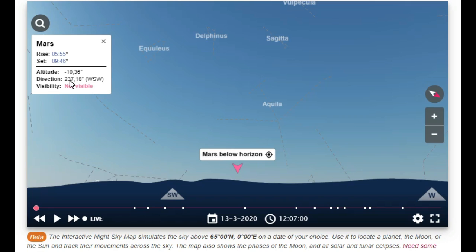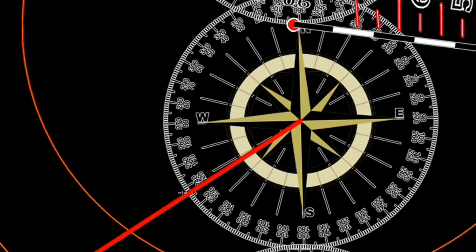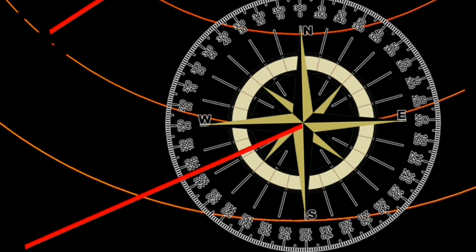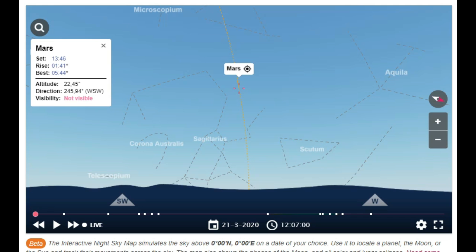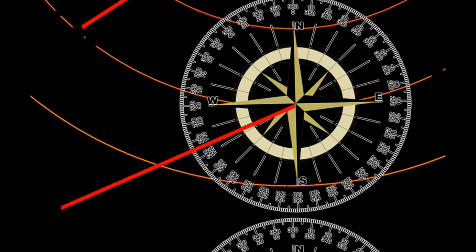That's an azimuth of 237. And this is the equator. The equator, 245.